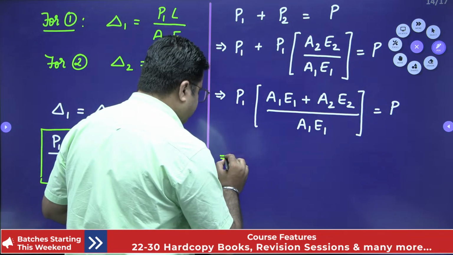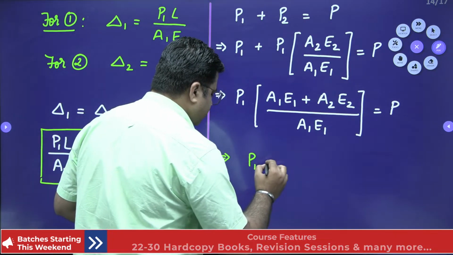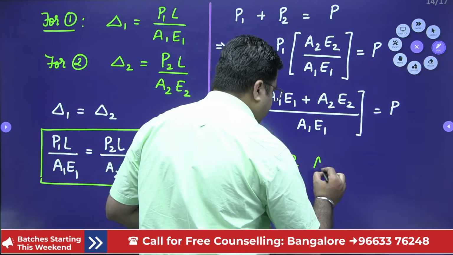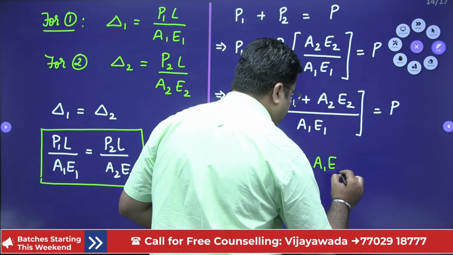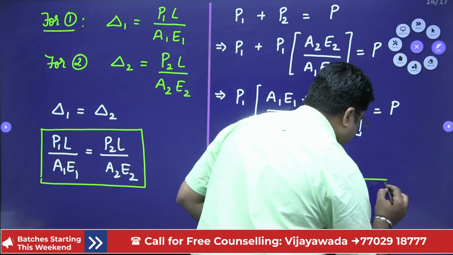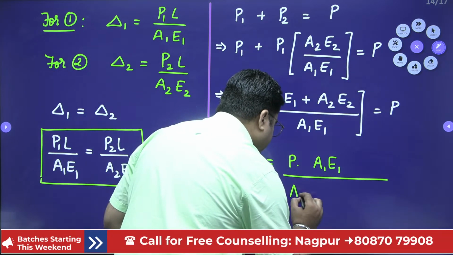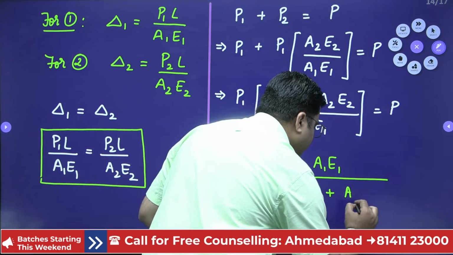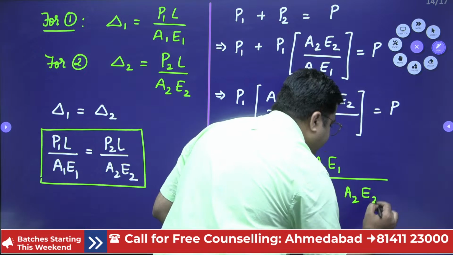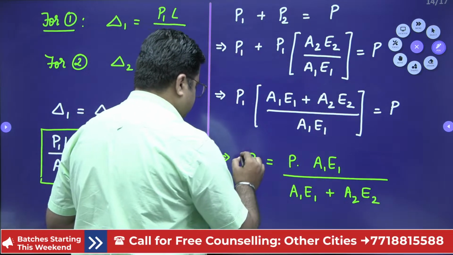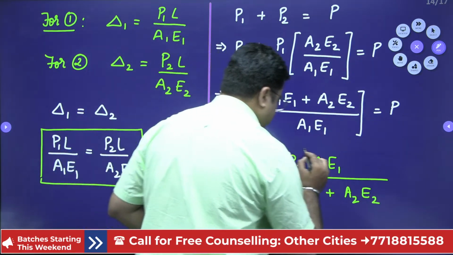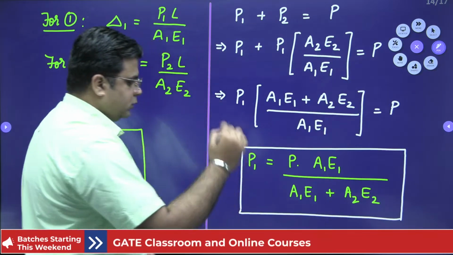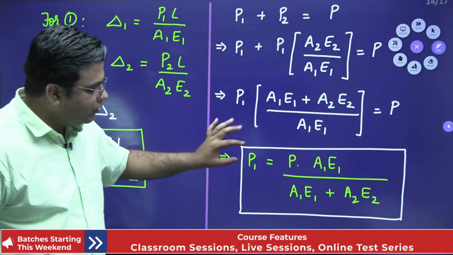So P1 is equals to P into A1 E1 divided by A1 E1 plus A2 E2. And this is how we calculate the value of P1.